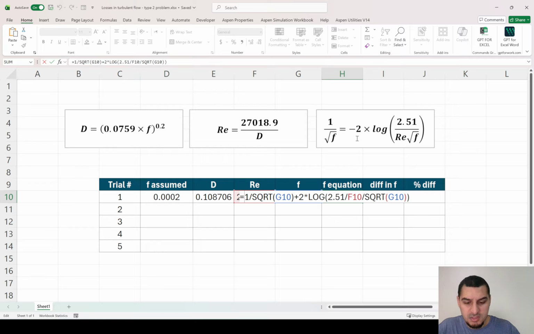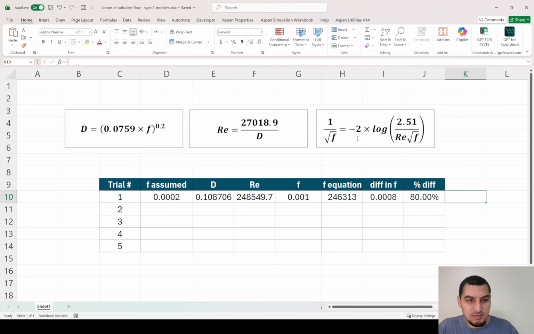Of course, we can do the same trick, multiply it by a big number to get high accuracy, and then this is the difference in F, which is the difference between the calculated and the assumed, and the percent difference is the difference divided by the calculated value.